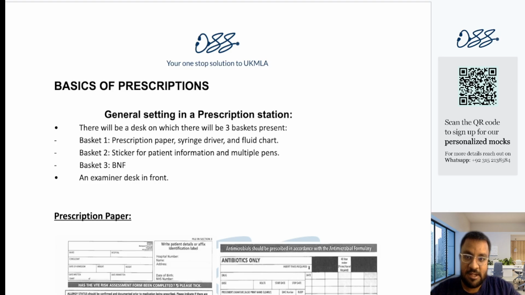Okay, and 10 to 15 copies of the fluid and the cylinder driver chart, because there are not a lot of prescriptions in which you have to prescribe the cylinder driver and the fluids. But the main prescription paper, at least 100 sets of it. Okay, get it done from your home country, or from a friend, because this can cost you a lot in the UK, because Xerox copy is really expensive.